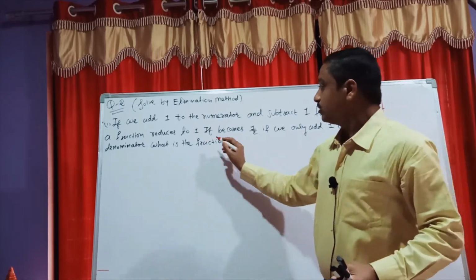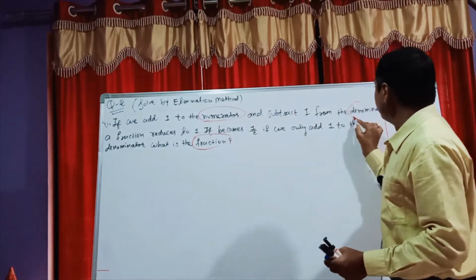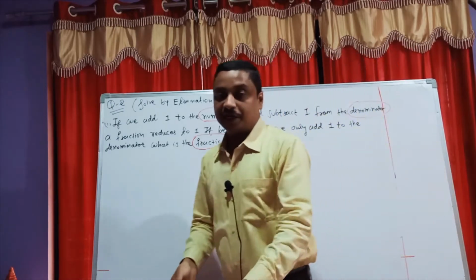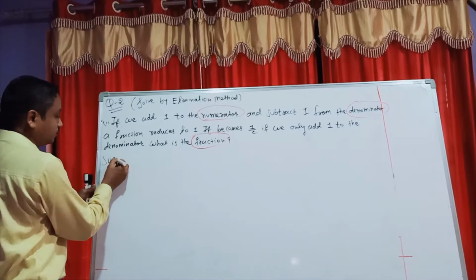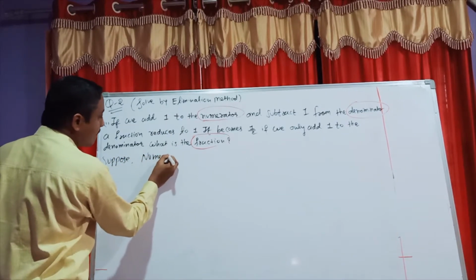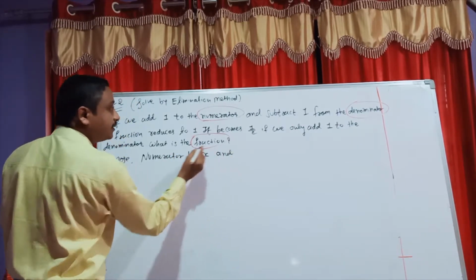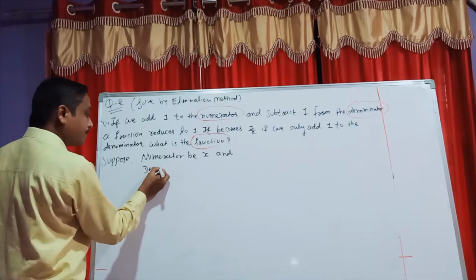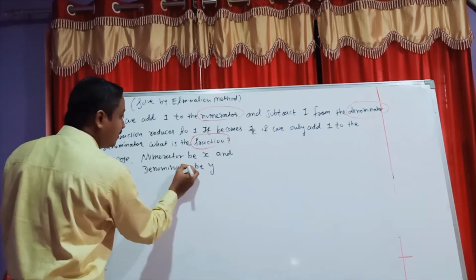You know, students, when the fraction is made, the numerator and denominator must be used, then our fraction is ready. So my sum starts. Suppose our numerator be x and denominator be y.